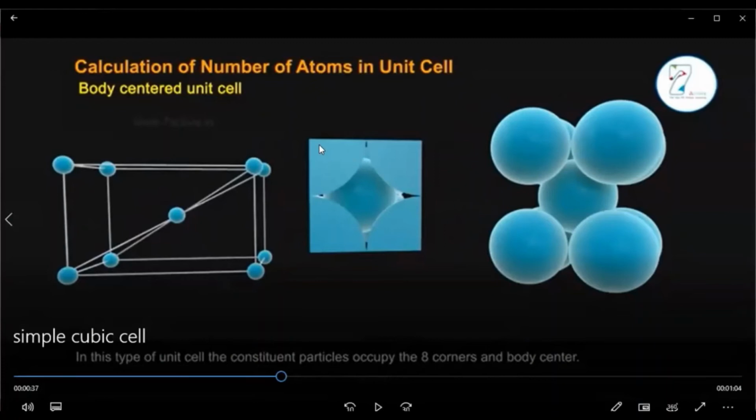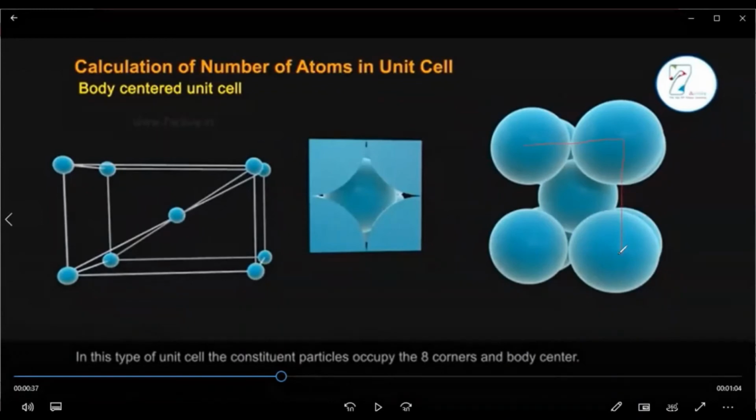If I draw a line through the centers of these 8 atoms, this is going to be like this. Draw a cube consisting of all these 9 atoms. This is how it is going to be, right?